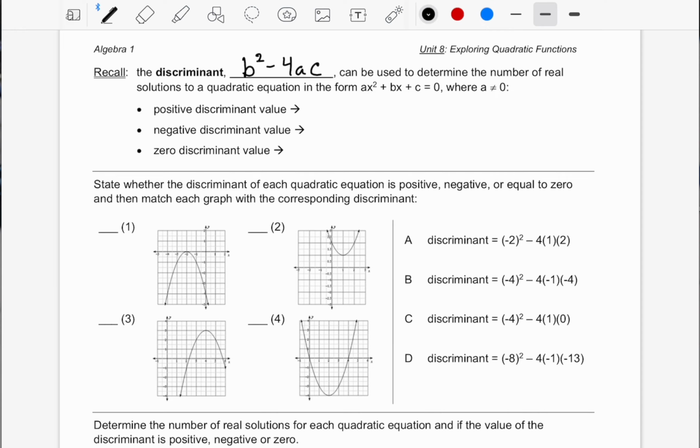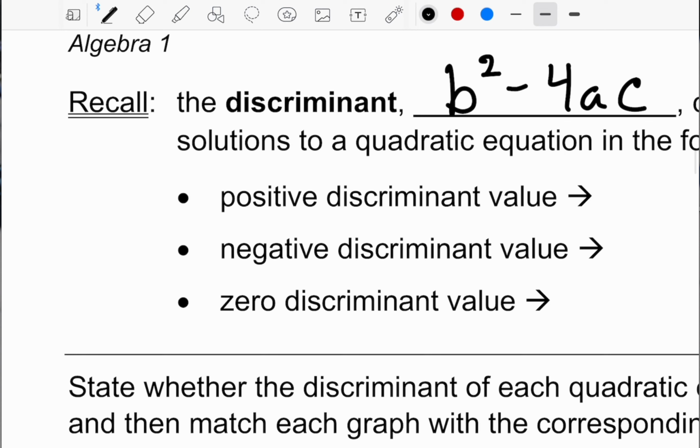There's positive discriminant value, positive and perfect square. It's supposed to be an and symbol. All right, and then positive and not a perfect square.